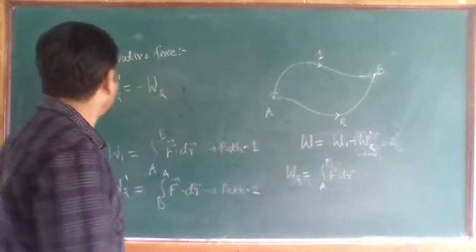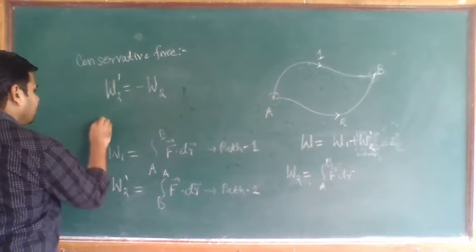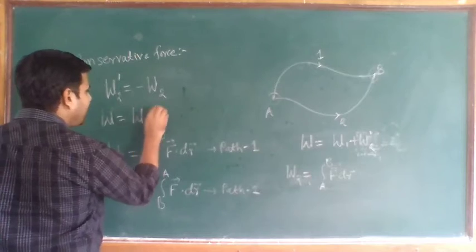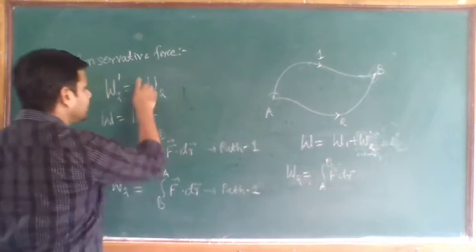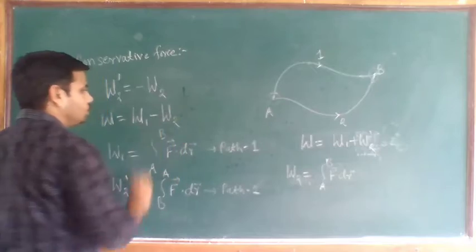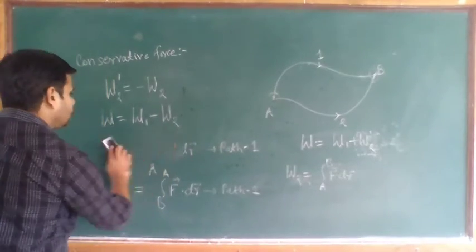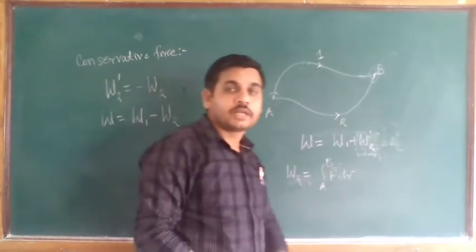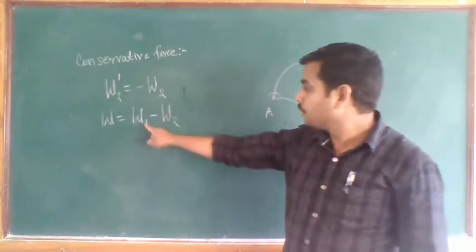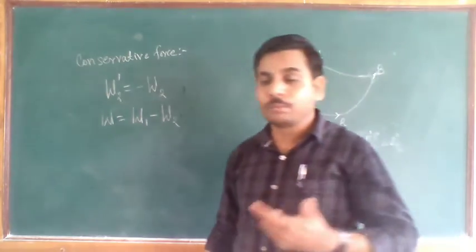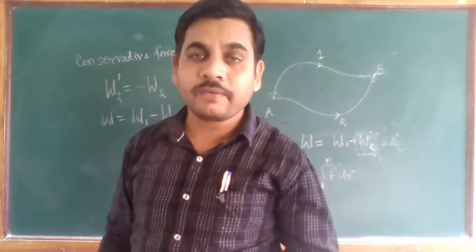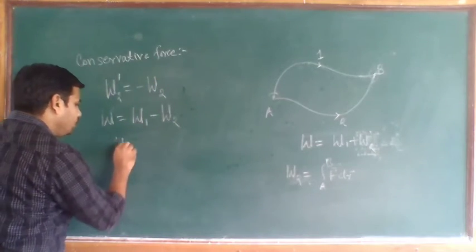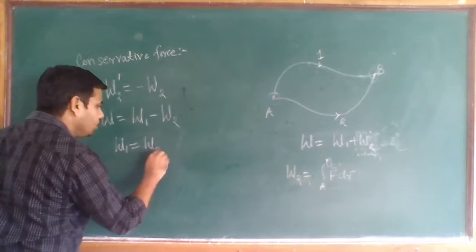Then our total work done will be W1 minus W2 dash, which is nothing but W2. So this is the value of total work done W, which is equal to W1 minus W2. But we are considering the conservative force, and in that conservative force W1 is equal to W2.